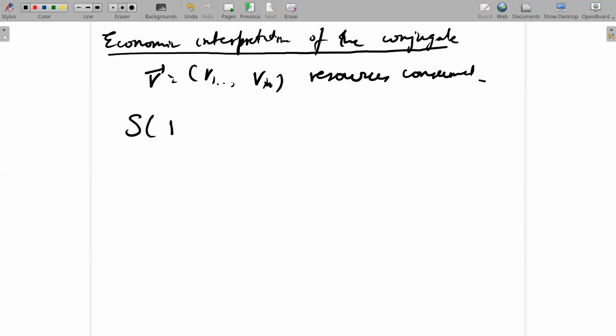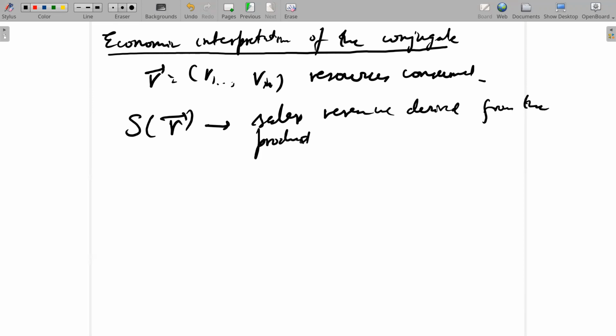Then we have this function S, the sales revenue derived from the product. Here there is just one product, as a function of resources consumed. And it is no longer linear, but it may be convex.